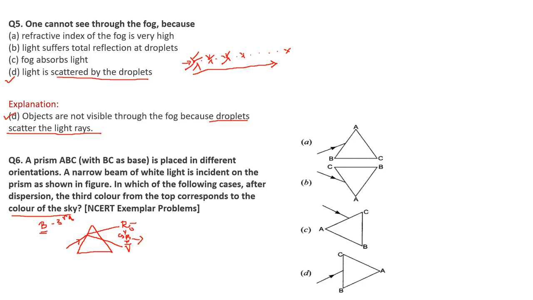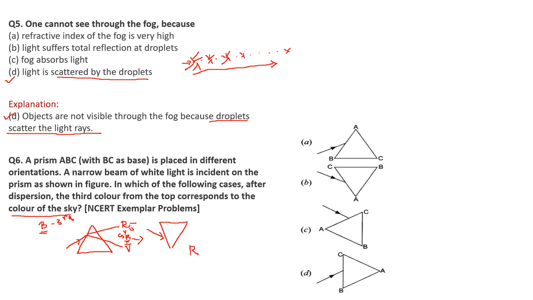Of course, if I reverse the position, and reverse the orientation of the prism also, and allow light to pass through this prism, what I will observe is red is at the bottom, right?